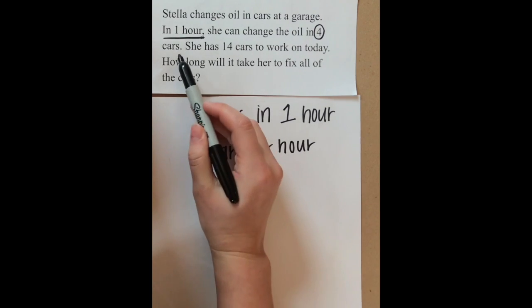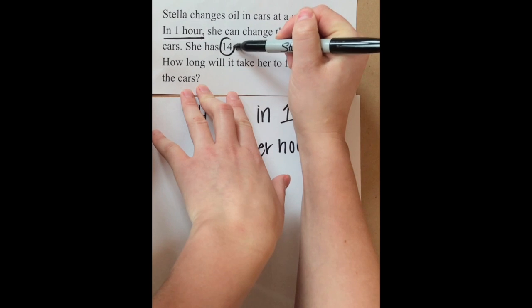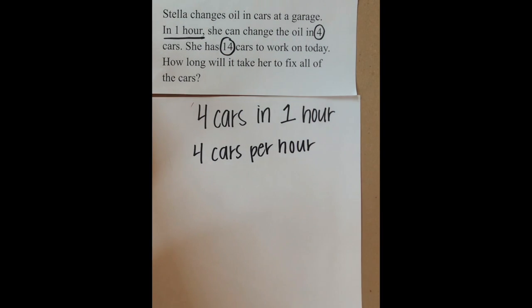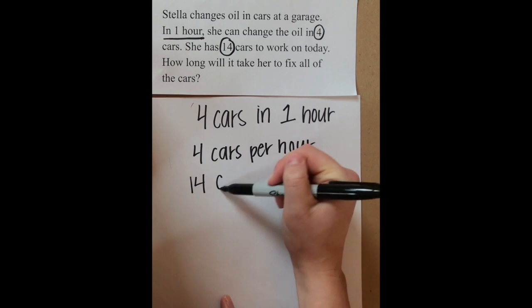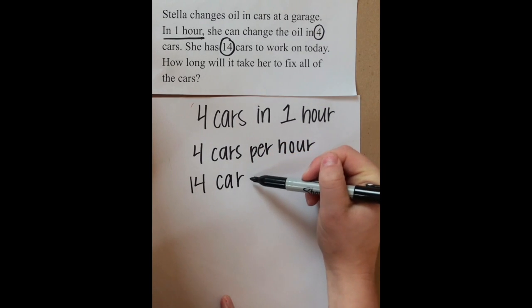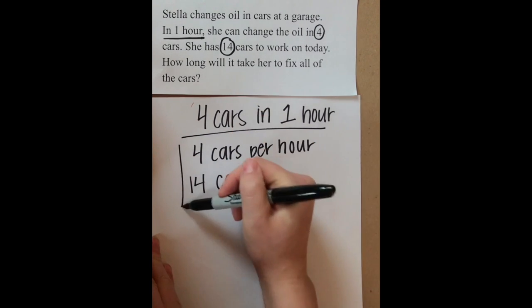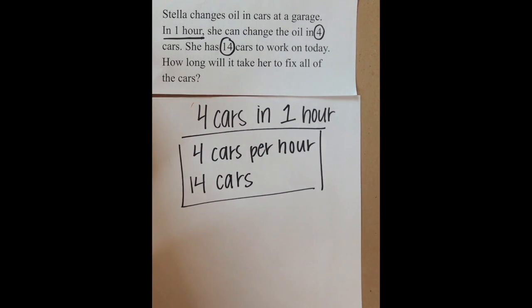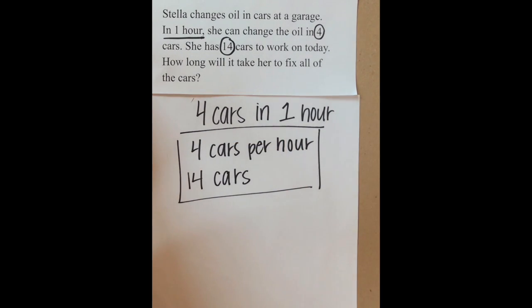So let's keep reading. She has 14 cars to work on today. So let's write 14 cars to work on today. So this is our important information that we get to work with. And our question is, how long will it take her to fix all of the cars?